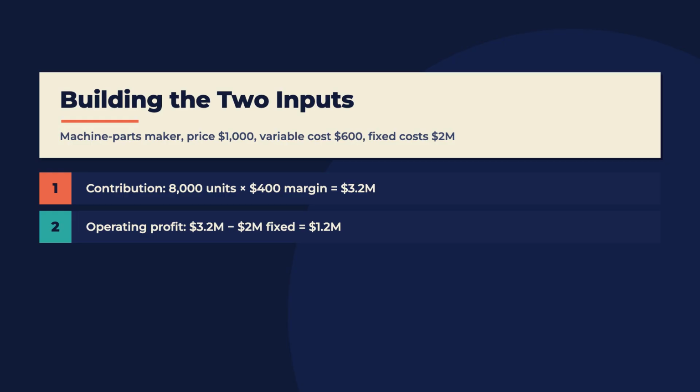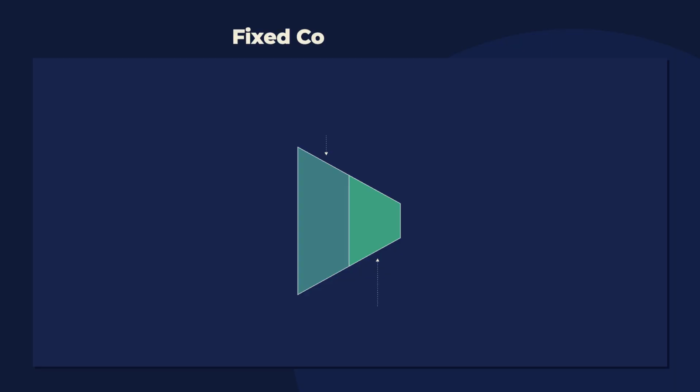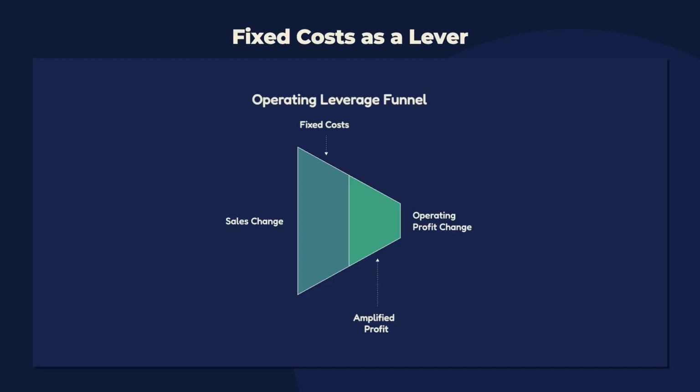Dividing contribution by operating profit gives a degree of operating leverage of about 2.67, meaning every 1% change in sales should move operating profit by roughly 2 2/3%. The fixed costs act like a lever nearly 3 units long, magnifying small sales changes into much larger profit swings.